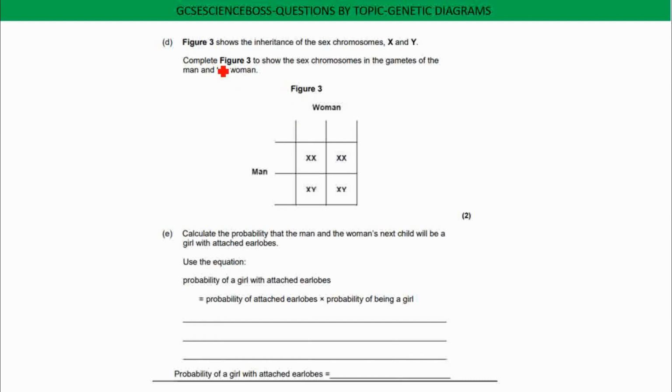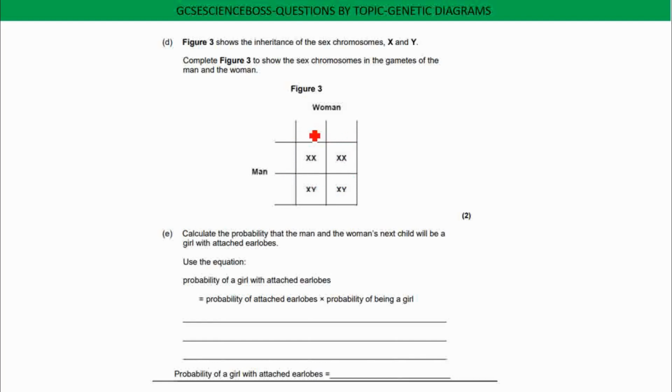Figure 3 shows the inheritance of sex chromosomes X and Y. Complete figure 3 to show sex chromosomes in the gametes of man and woman. Now they've given us the F1, and we have to put in the parental alleles.